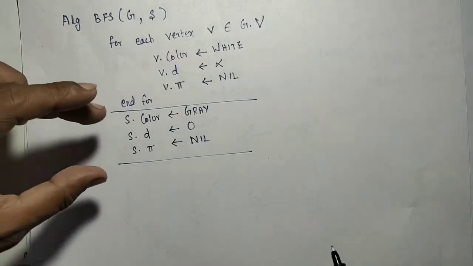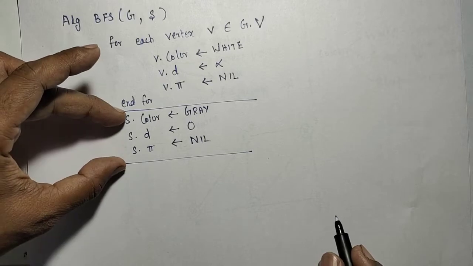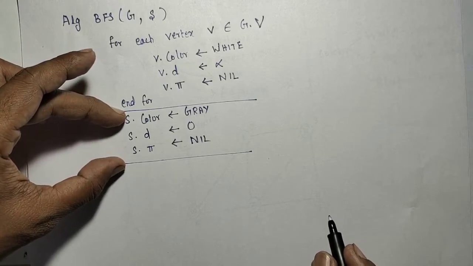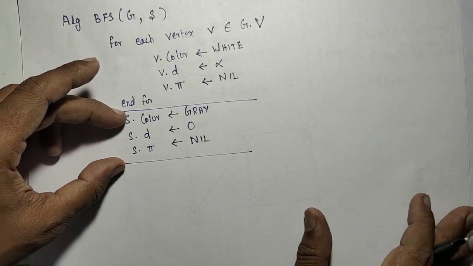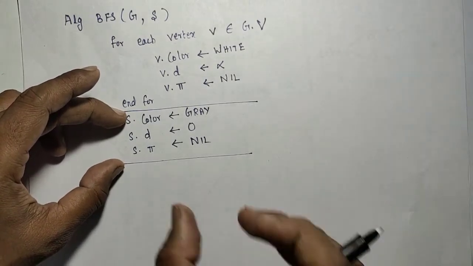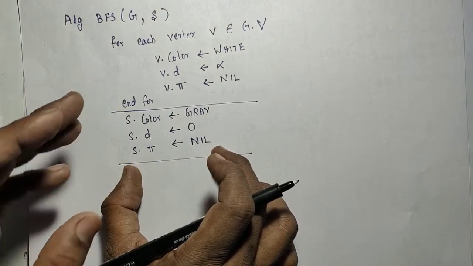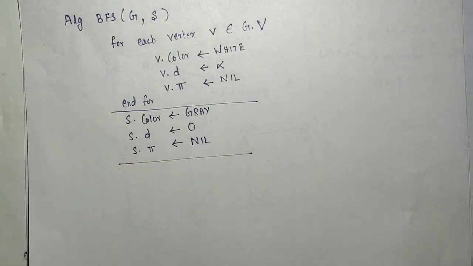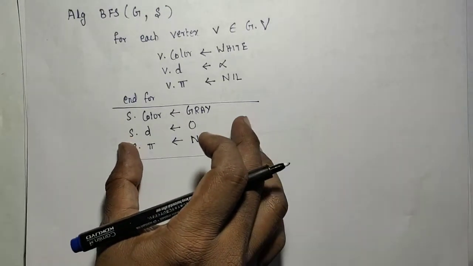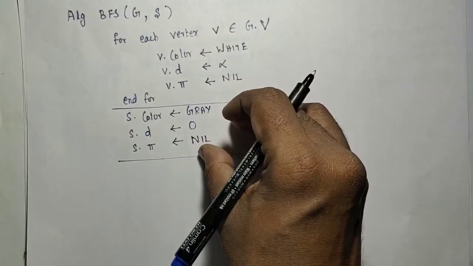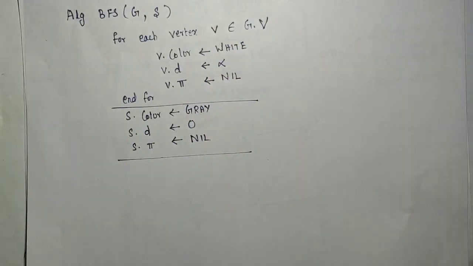Now we have visited that node. Once we have visited that node, we need to insert that vertex into the queue. Why we are inserting it: if a particular vertex is in the queue, that vertex is visited but not completely visited. That is the meaning of it. So once we visit it, the color is changed from white to gray, and we immediately insert it into the queue.